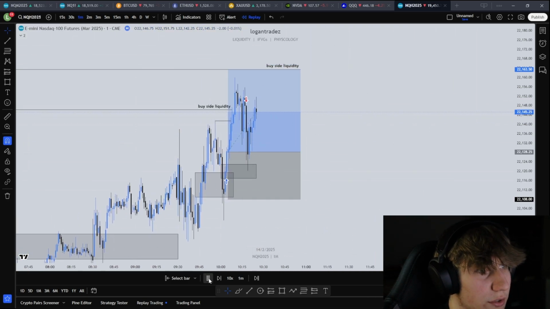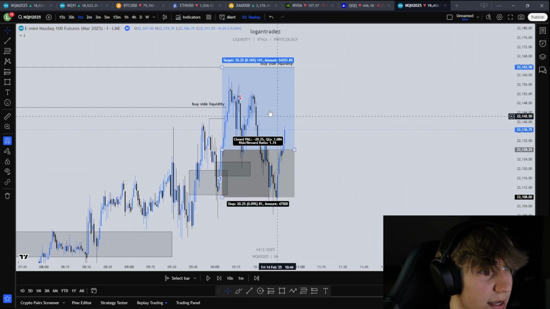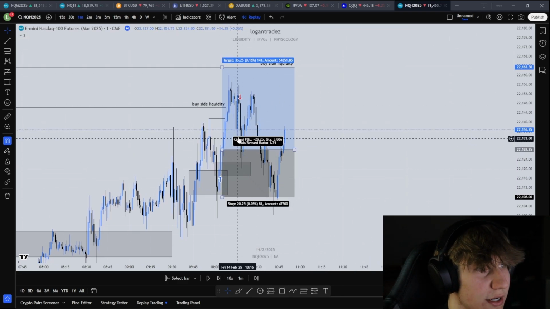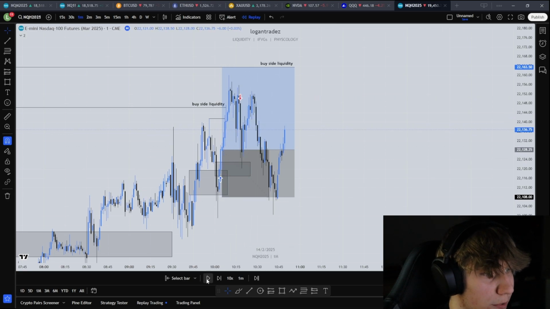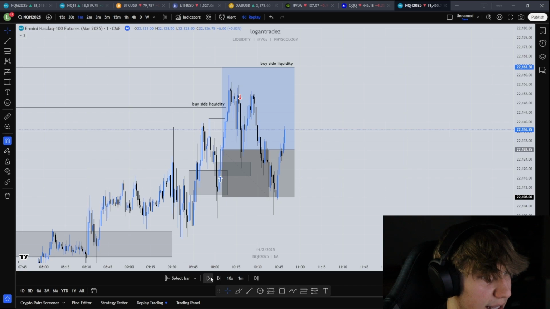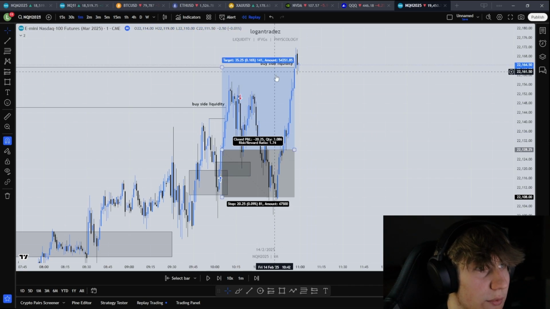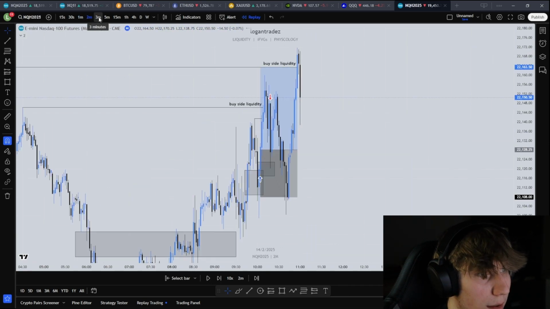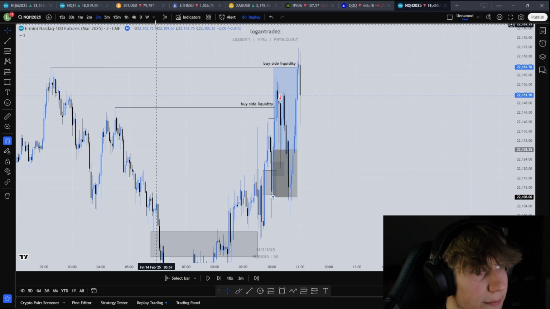Now, the reason I show this is because this trade actually chops around for a little bit. And yeah, so that's how I would have taken that trade. Would have been stopped at break even with partials. And you can see here, if we waited for this pullback again, you can see we hit buy side. And there's probably a setup somewhere in here.